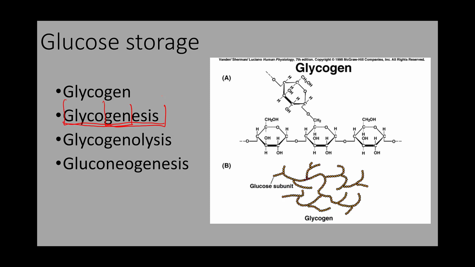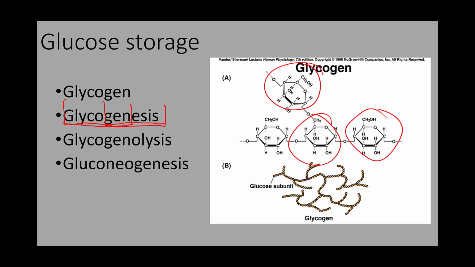Now, what about if it's been a while and we haven't eaten and our body needs energy? We don't immediately perish. No, we have that glycogen stored various places around our body, and if you take that glycogen and you take one glucose and cut it off, another glucose and cut it off, another glucose and cut it off, that spills out into our blood as glucose for our mitochondria to use for cellular respiration to make ATP.